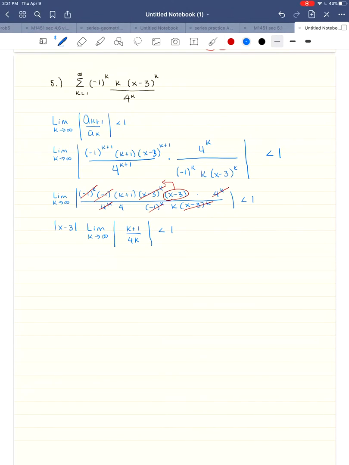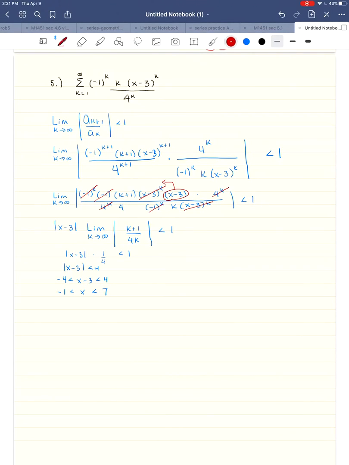Can you see that that limit as (k+1) over 4k is going to just be 1/4 because of the tower of power? So we're going to get absolute value of x-3 times 1/4 is smaller than 1. Let's multiply both sides by 4. So that says absolute value of x-3 is smaller than 4, which says that x-3 is between -4 and 4. Get the x by itself by adding 3. And that so far is our interval of convergence.